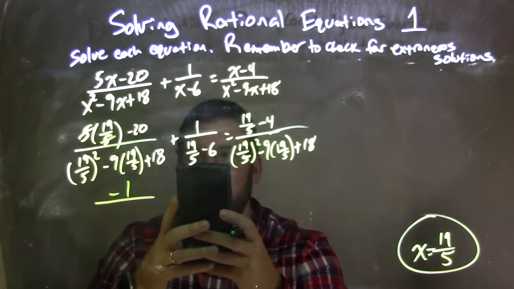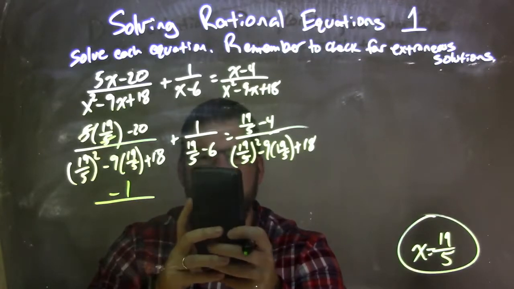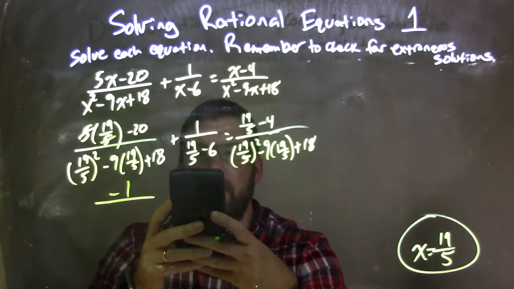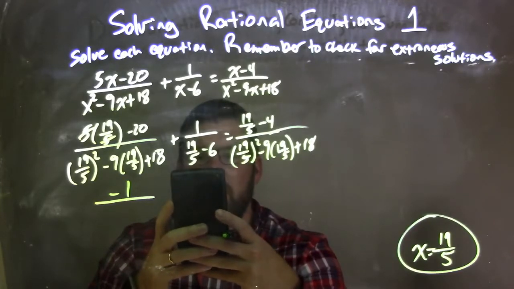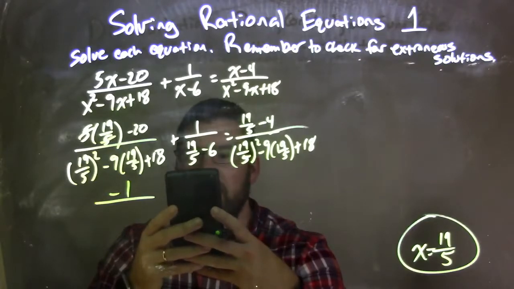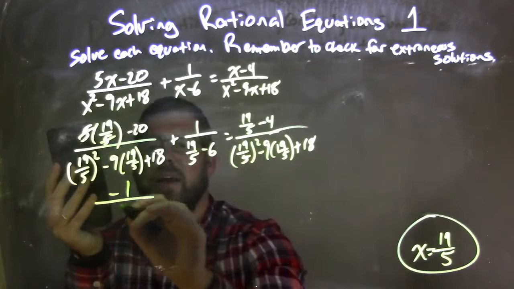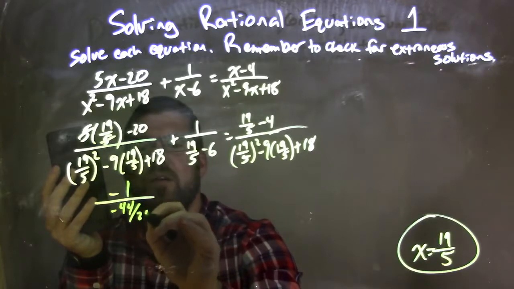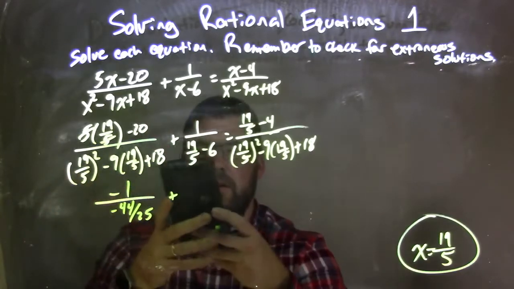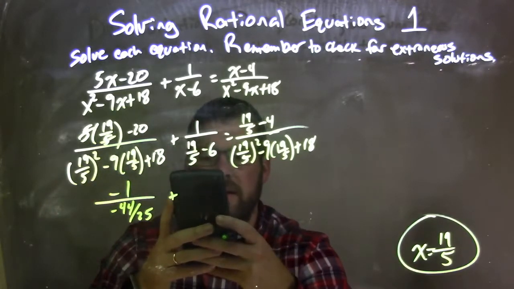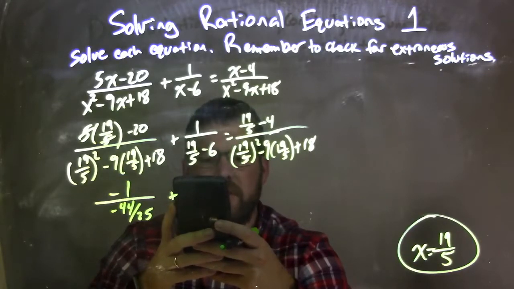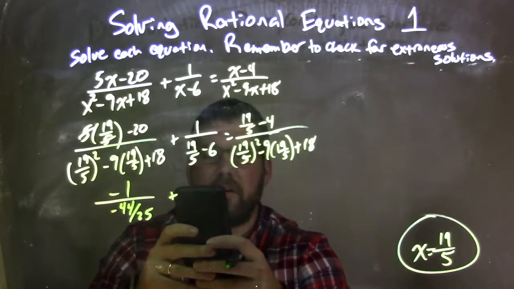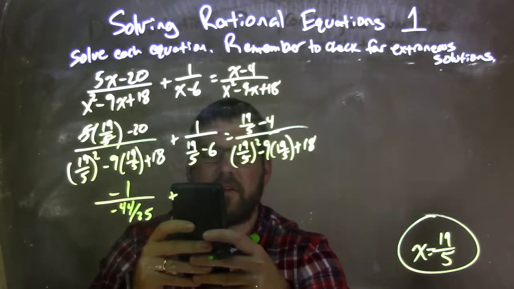Denominator, 19 fifths squared minus 9 times 19 fifths plus 18, my fraction, gives me a negative 44 over 25, plus here, 1 divided by 19 fifths, minus 6. Insert parentheses there, I'll need it.